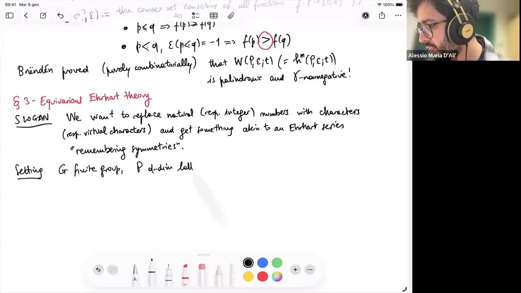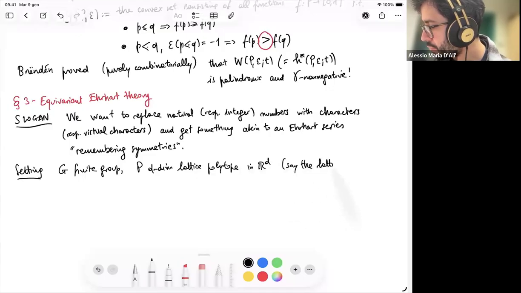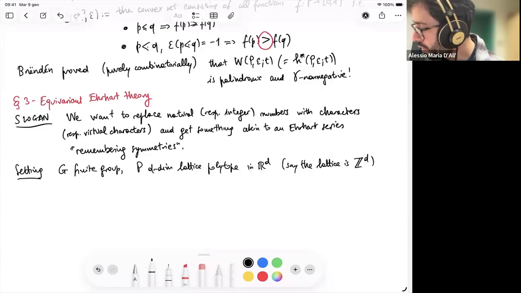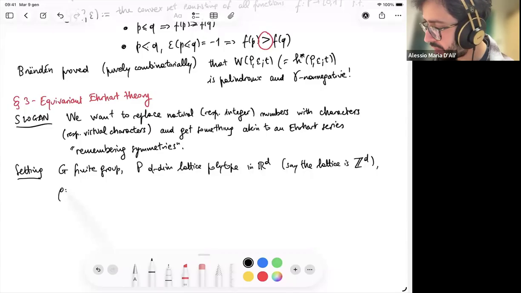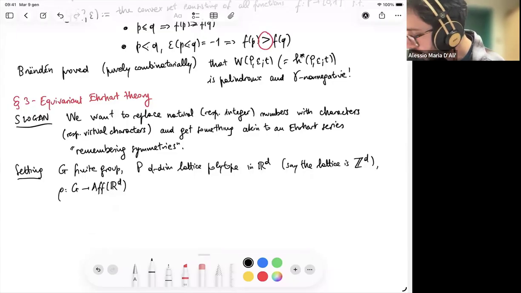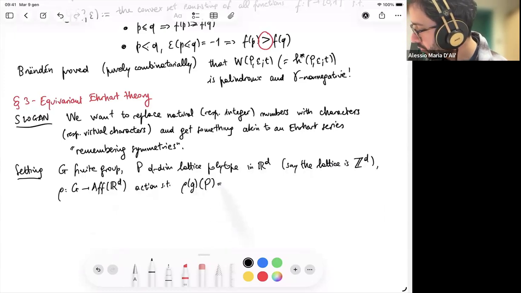Say that the lattice is Z to the d. And then, the formal way of writing this is that I have some affine transformations of R to the d. So I have some kind of action such that the polytope is preserved by any element.